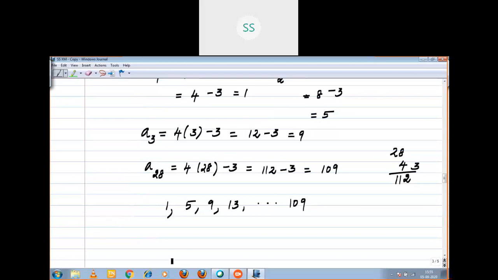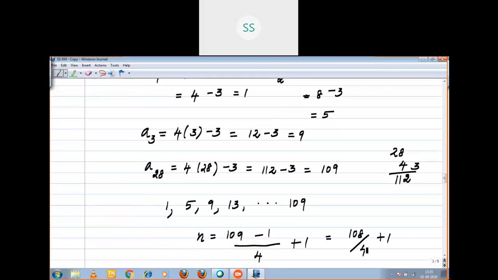But I want what is n? Already it is given as n equals 28. Whether it is correct or not, we should check. (109 minus 1) divided by 4 plus 1, which is equal to 108 divided by 4 plus 1.